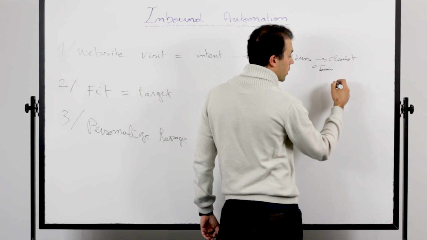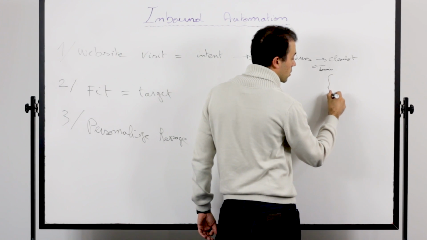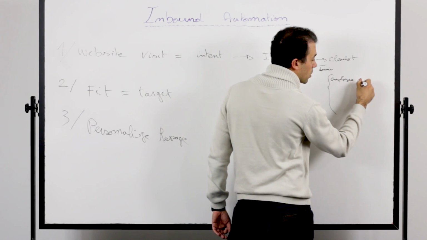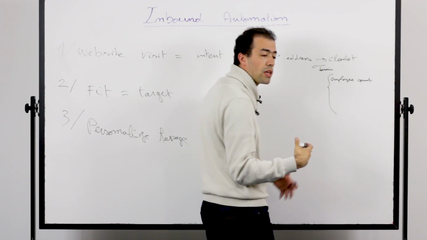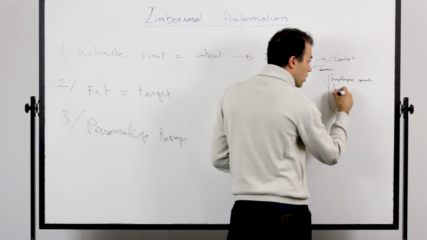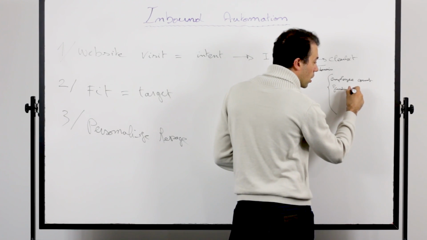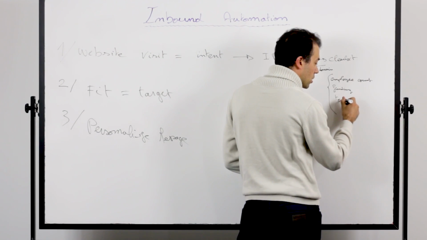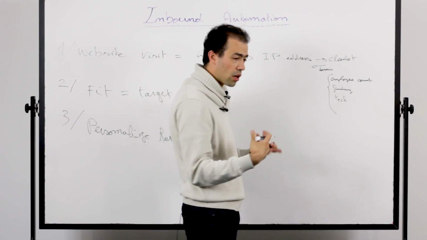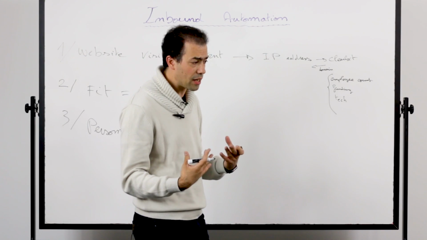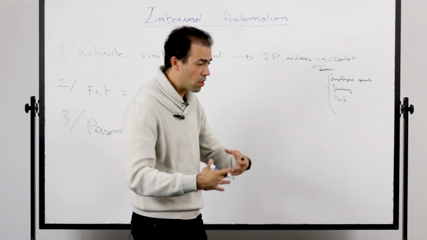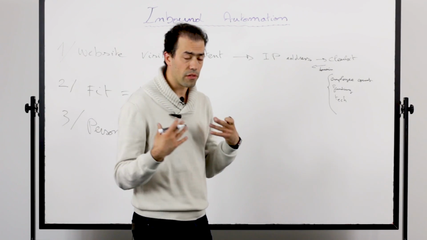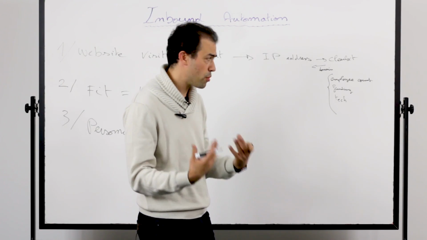So we're going to know everything from the employee count to the funding of the company to stuff like which technologies do they use, that tech stack. And all of that is really helpful because it tells us a lot about the company, who they are, and are they a good fit for our product.